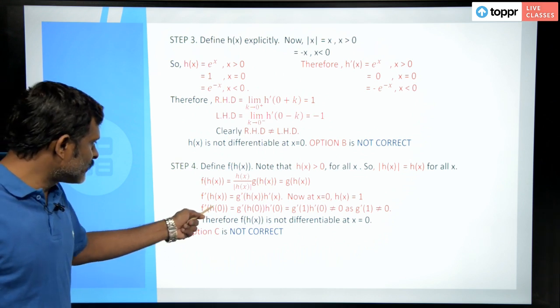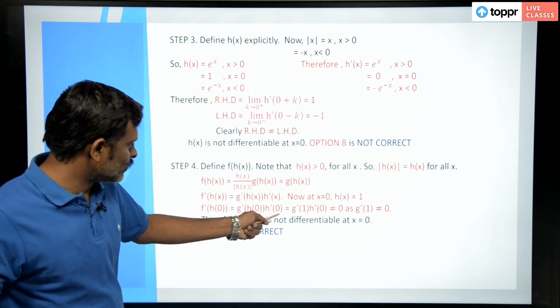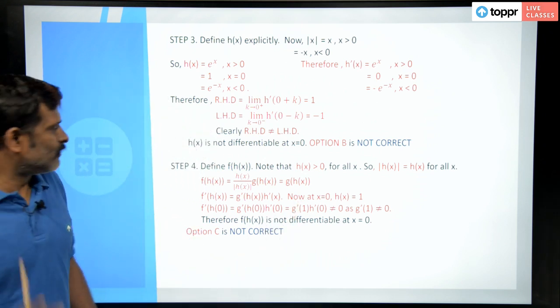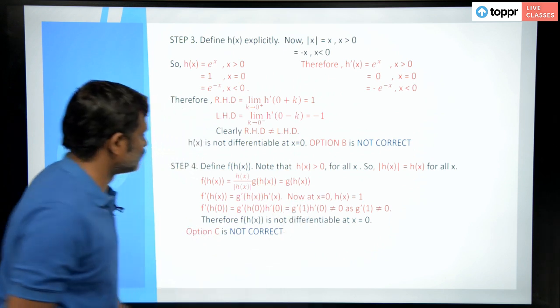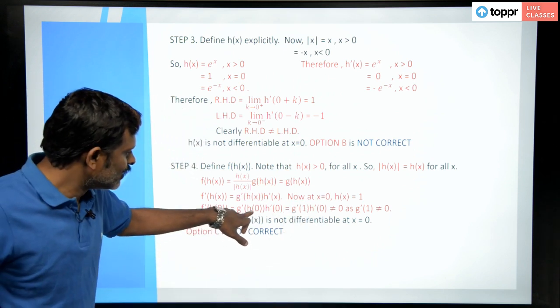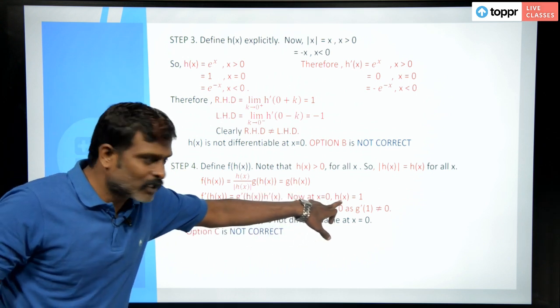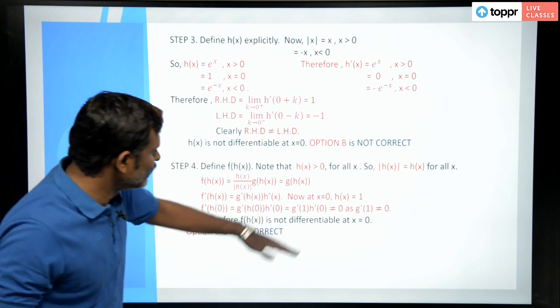So, f dash of h of 0 is equal to g dash of h of 0 into h dash of 0, which equals g dash of 1. What is 1? H of 0, h of 0 is 1. He is directly, instead of writing g dash of h of 0, writing 1, because that is what we define, right, h of x is equal to 1 when x is equal to 0. And finally, what happened?